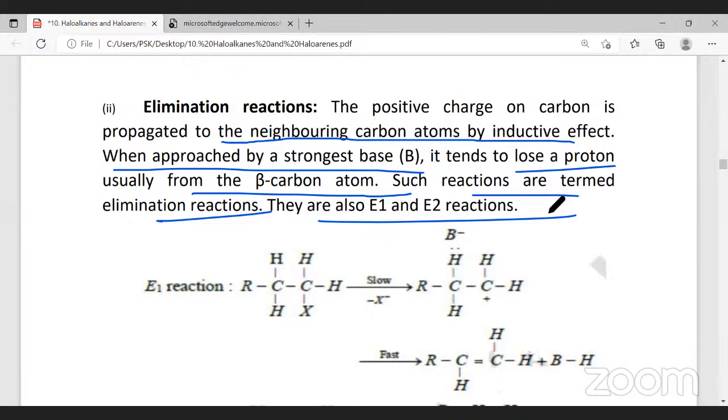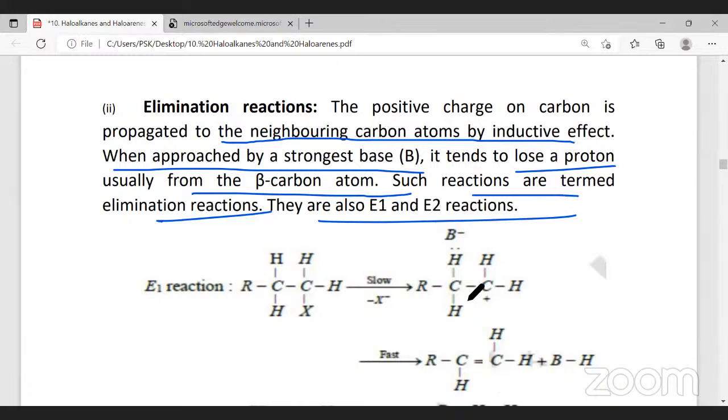When approached by a strong base, it tends to lose a proton, usually from the beta carbon atom. Such reactions are termed elimination reactions.